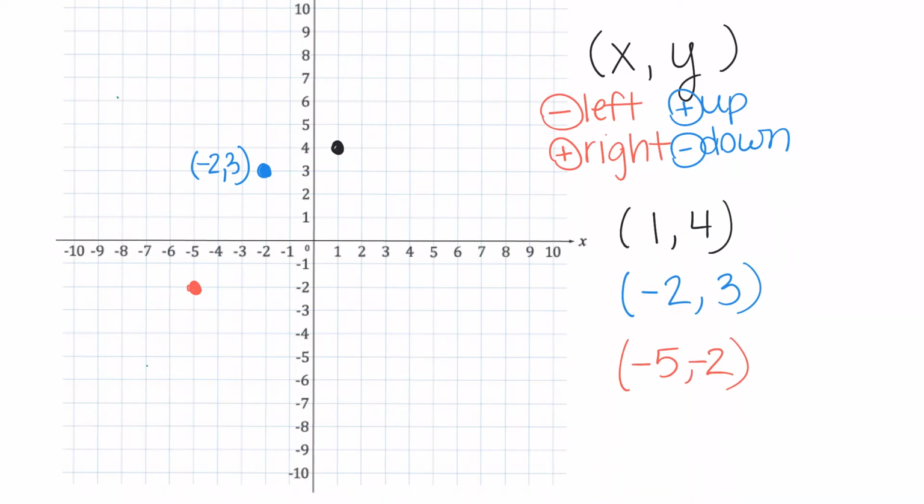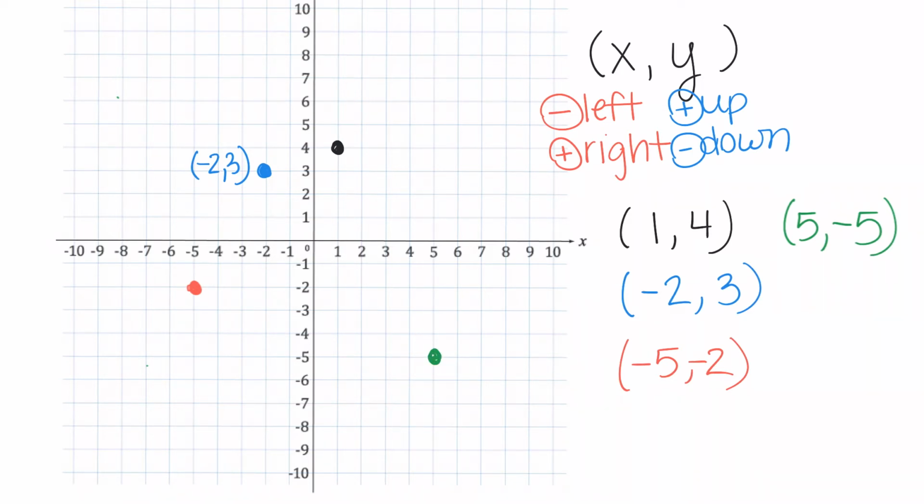How about the point that's at (5, -5)? Same thing as before, back to the origin, over to the right to 5, and down to -5. You always have to be really careful to double check, and you can plot your coordinate again.